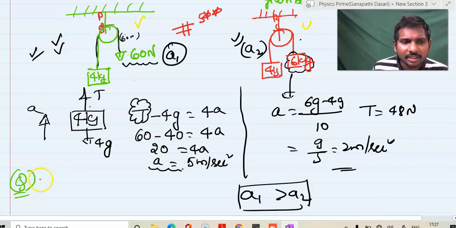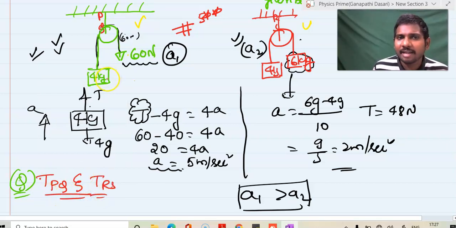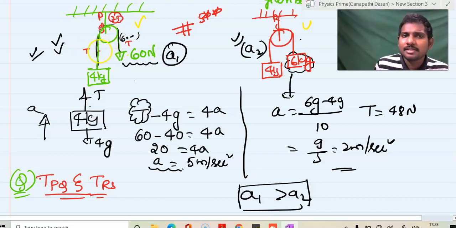What is the tension in PQ and tension in RS? From the previous concept that we have learned here, if this is T and this is T, this will become 2T, so that net force on the pulley will become 0.